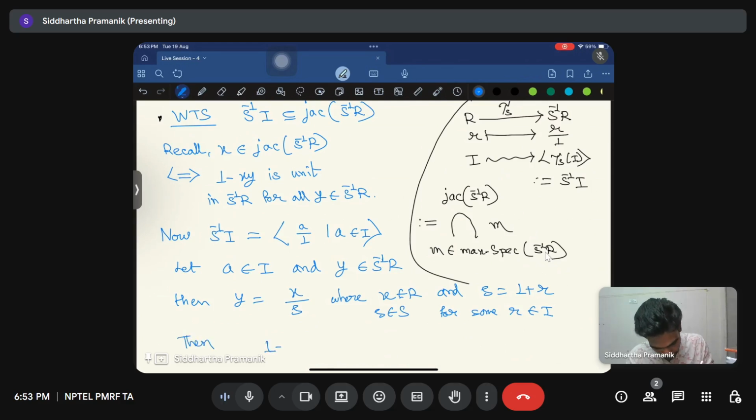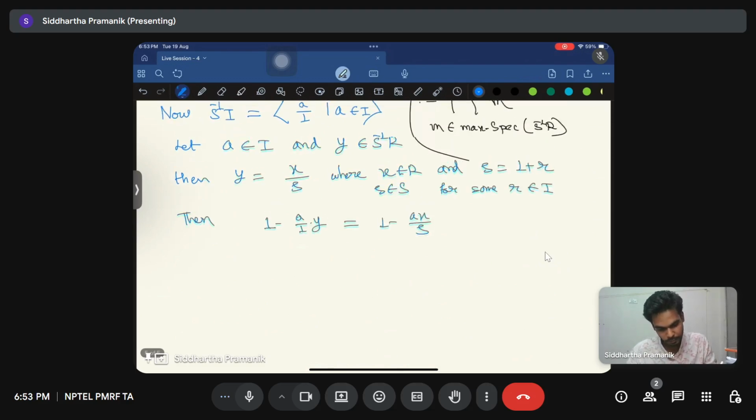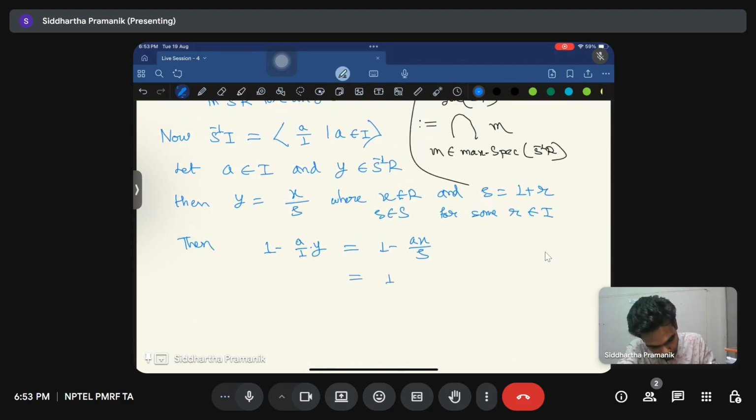Then 1 minus a by 1 times y, which is 1 minus ax by s, which is the same as 1 minus ax by 1 plus r, and this is the same as 1 plus r minus ax by 1 plus r.